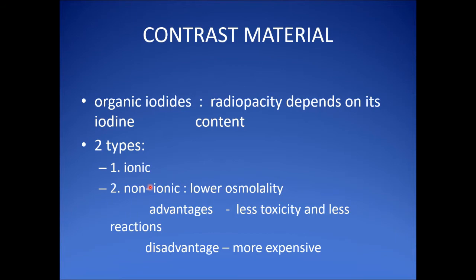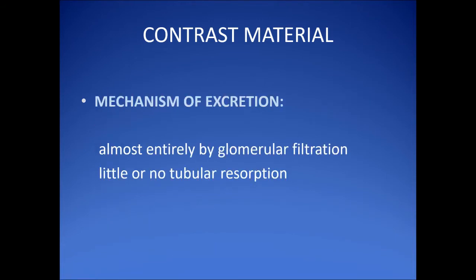We prefer the non-ionic type because it is less toxic and has lesser hypersensitivity reaction to our patients. It is a little bit more expensive than the ionic one. The contrast is excreted almost entirely by glomerular filtration with very little or no tubular resorption.